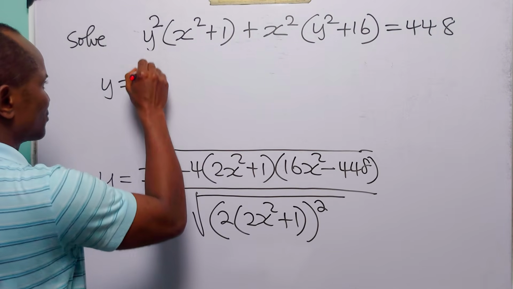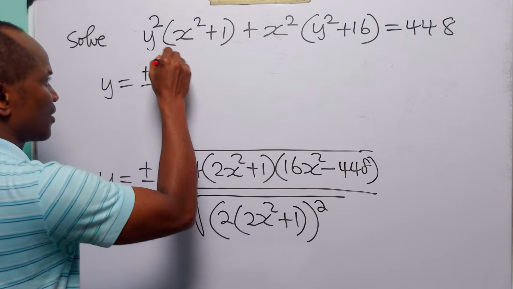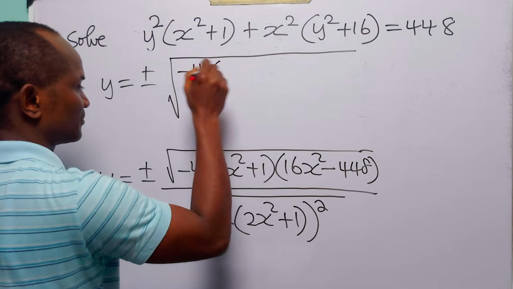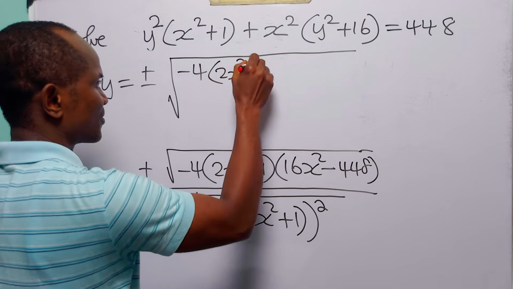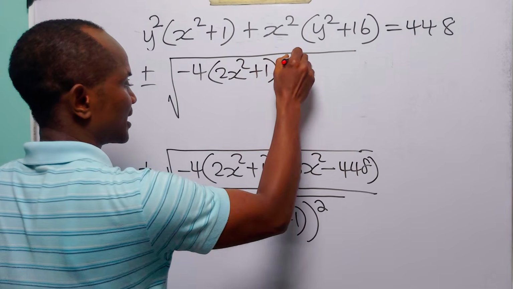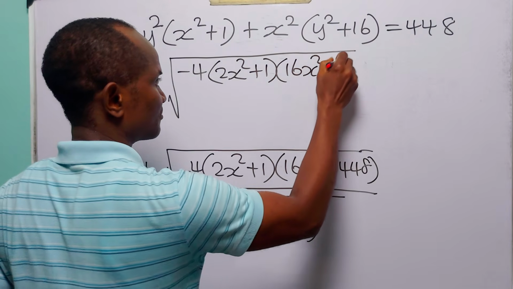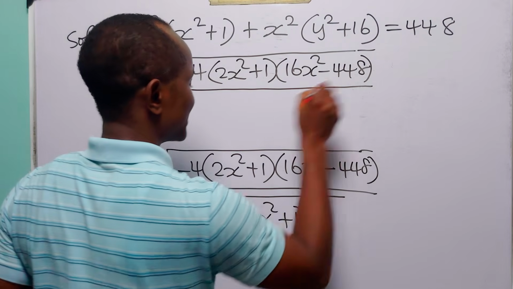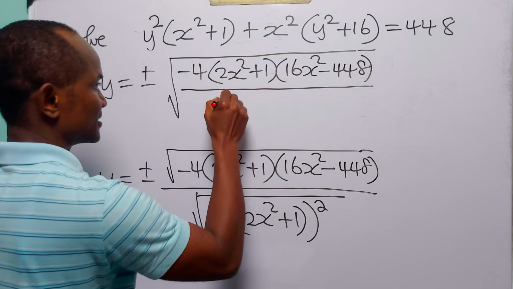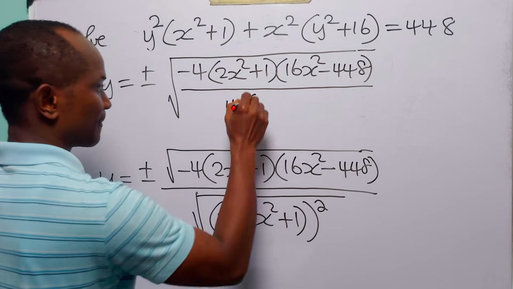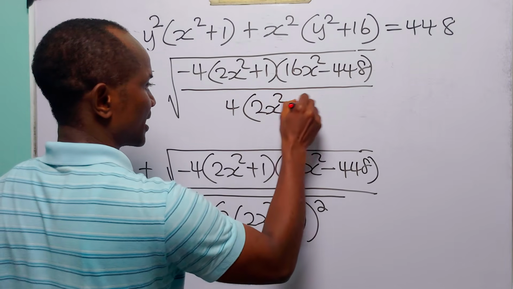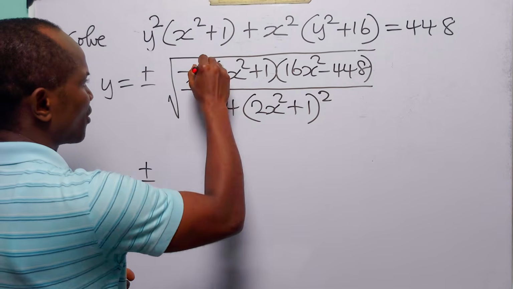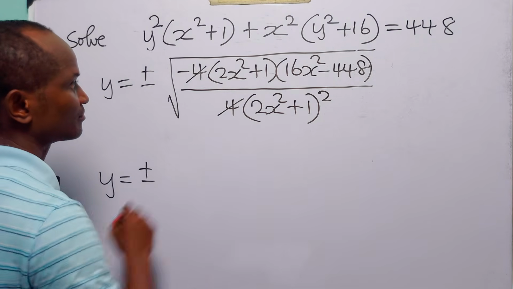And from here, the next thing we are going to do is to combine these two square roots. We have that y is equal to plus or minus the square root of minus 4 times (2x squared plus 1) times (16x squared minus 448) divided by 2 squared, which is 4, times (2x squared plus 1) squared. 4 is going to take care of 4.